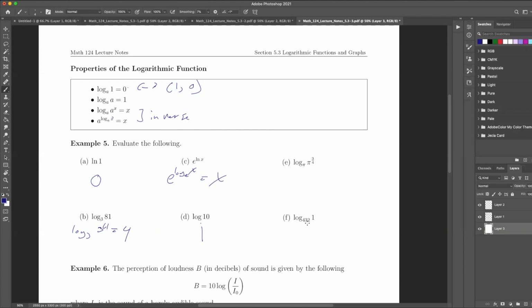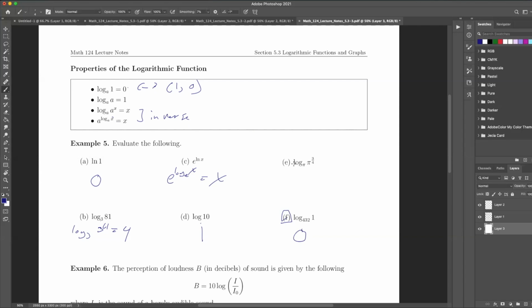Log base 342 of 1, or 342 raised to what power is 1? Does anyone know? 0 is correct, yes. Log of 1 in any base is 0.